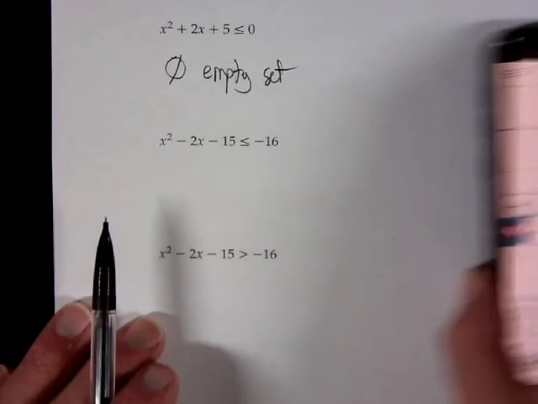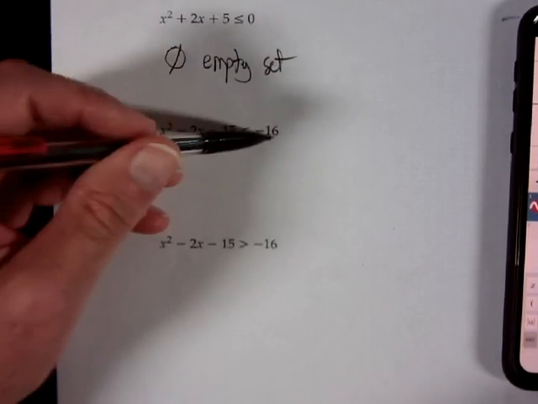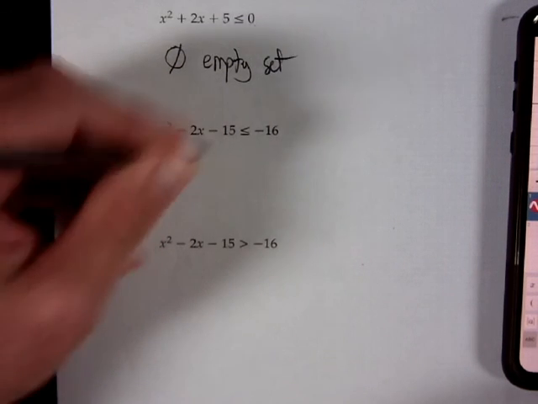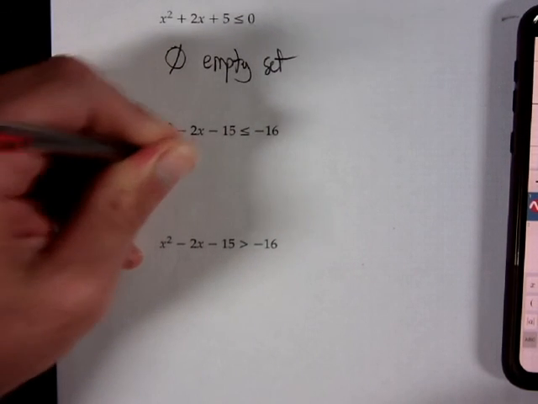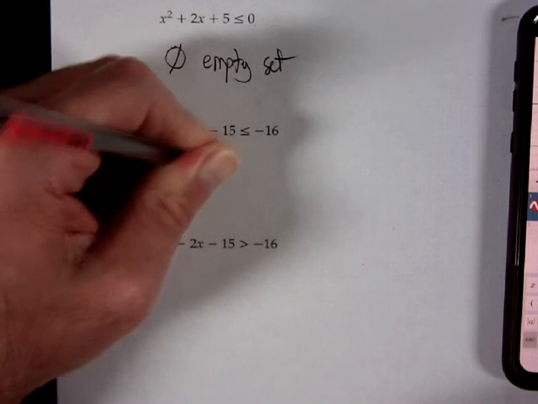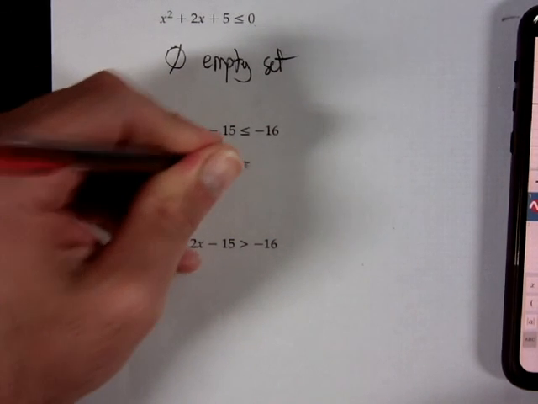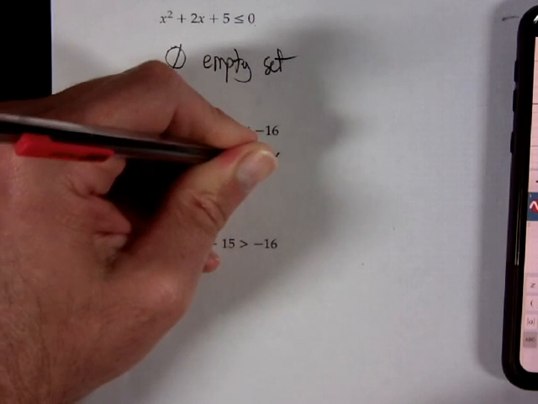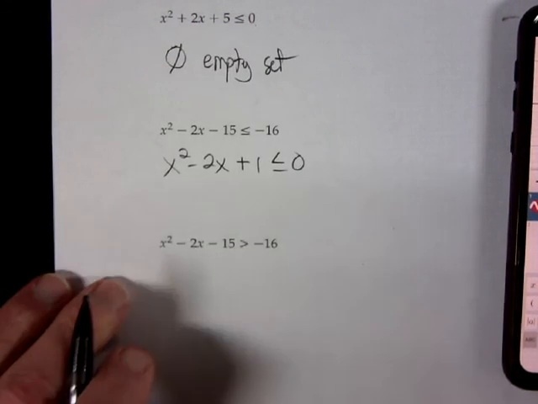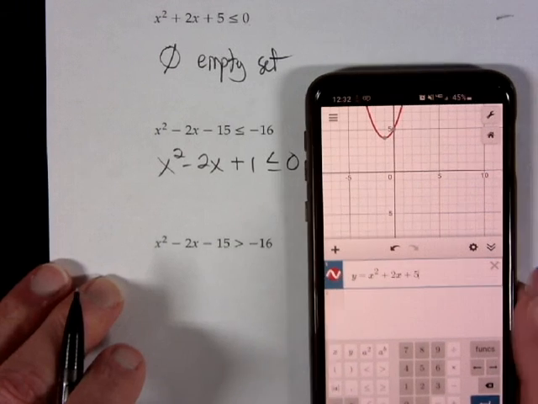Next one, we got to do some rearranging first. So I'll go ahead and move this negative 16 over to the other side, change it to positive. When I do, I'm going to get x squared minus 2x plus 1 is less than or equal to 0. And now that I have one side set to 0, I can come back and graph it.